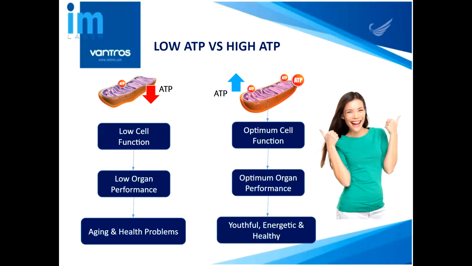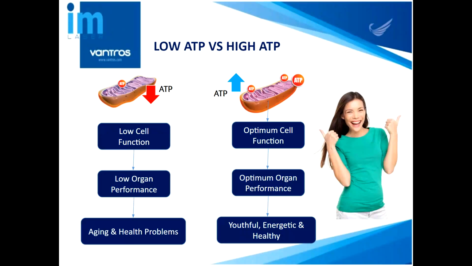That's why nowadays you can see a lot of young people, 30 something, who already have high blood pressure, diabetes, high sugar, and even high cholesterol. It's becoming more and more common. So these are caused by low ATP. If you have a chance to reverse it, that means your ATP is very high.